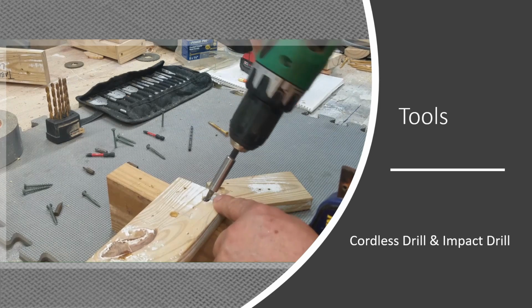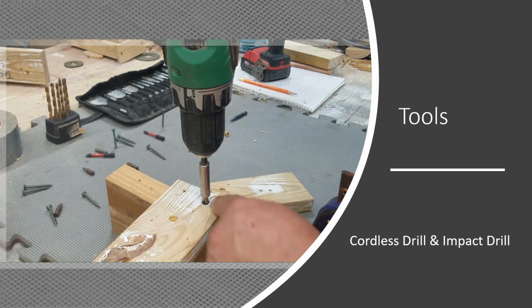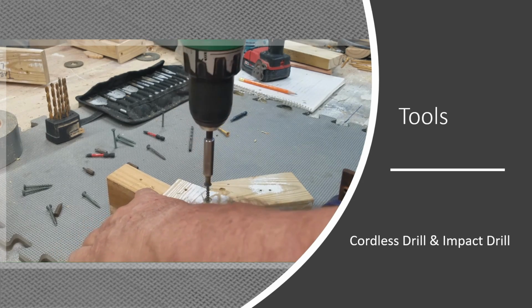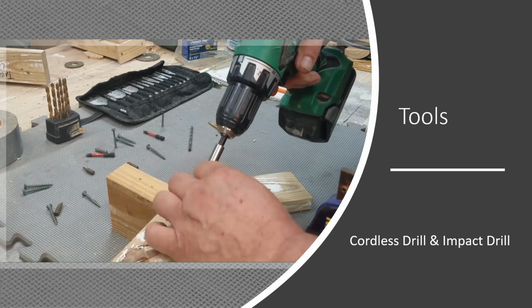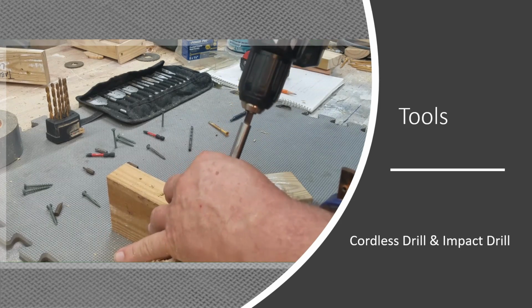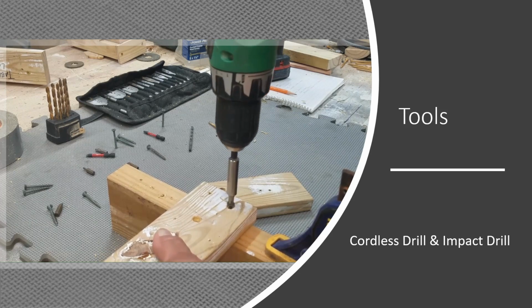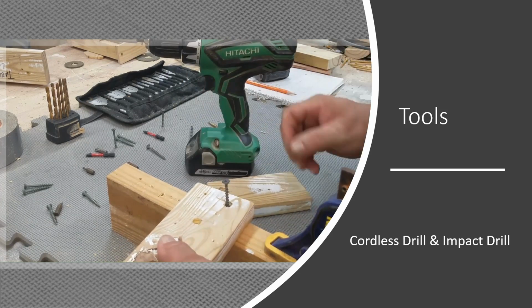It's going to wear that head out on that screw to where you can't screw it in anymore because the tip's worn out. So instead of just pulling the trigger and running it in fast, you want to bump it in like this. That's how you want to run a screw with a cordless drill.